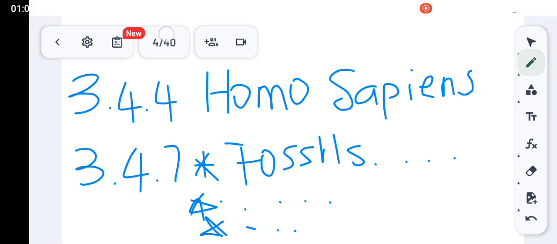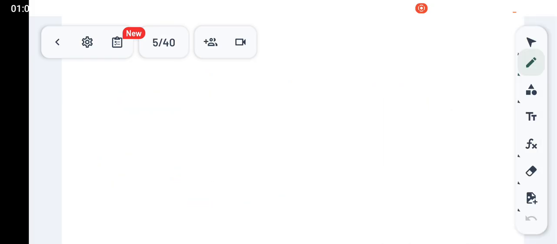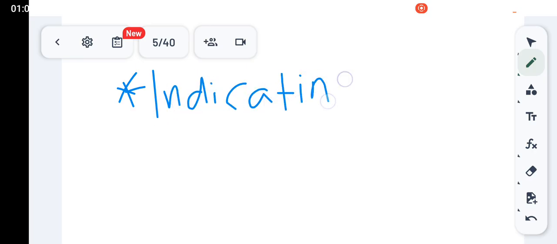Then the last point you will just say, indicating that humans originated in Africa and migrated out of Africa. So they migrated to other parts of the world. That's basically the out of Africa hypothesis.